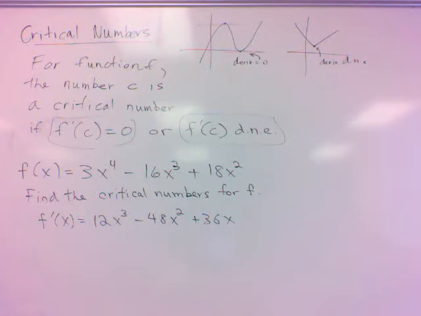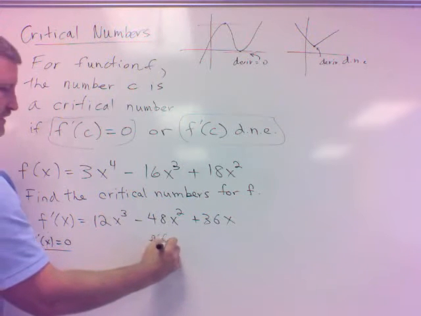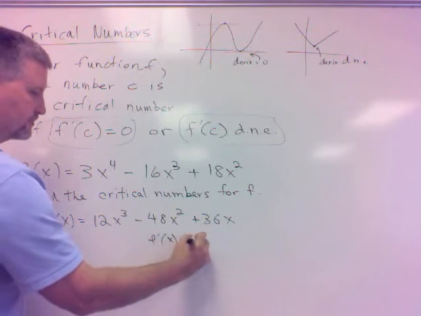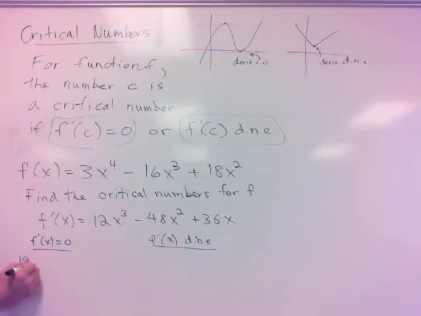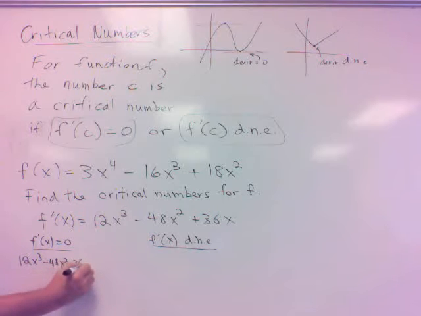Two things you always want to look at: derivative equals 0, and derivative does not exist. So we set this equal to 0: 12x cubed minus 48x squared plus 36x equals 0.